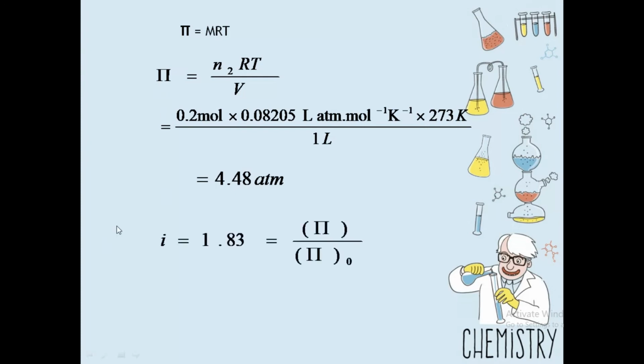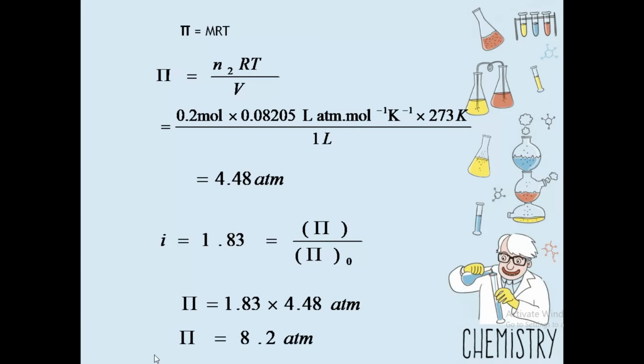So using the Van't Hoff factor, this is the theoretical value, and we have to find the observed value of the osmotic pressure, pi. The i is equal to 1.83, which we have calculated. So the observed osmotic pressure is equal to 1.83 into this 4.48 atmospheric pressure.